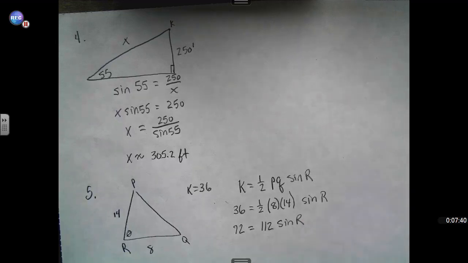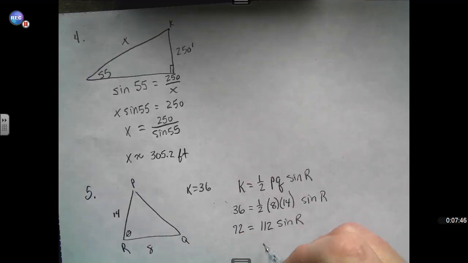And then 72 divided by 112 is 0.6428571429. I'm going to take the inverse sine of that.